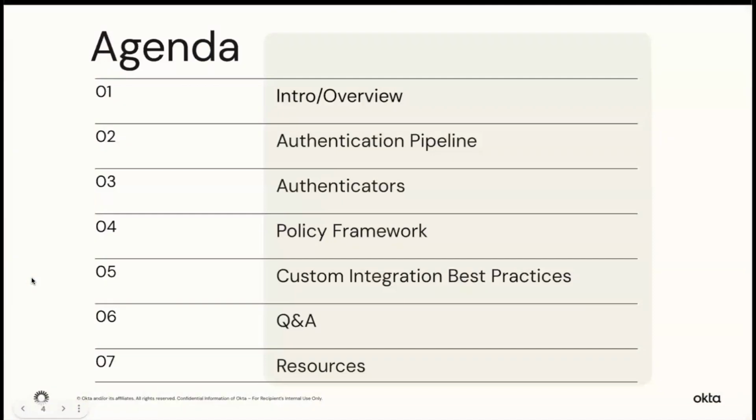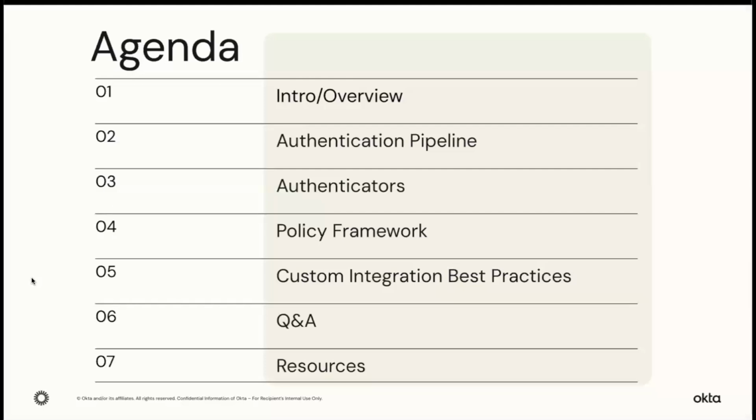So before we dive in, just a quick overview of our agenda. We'll start off with an introduction overview of today's session and this new series that I mentioned, what it is, what the goal is, what the structure is going to be. And then we'll dive right into our topics for today. We're going to talk about the new authentication pipeline in OIE, some changes for authenticators in OIE, and the changes for the policy framework in OIE.